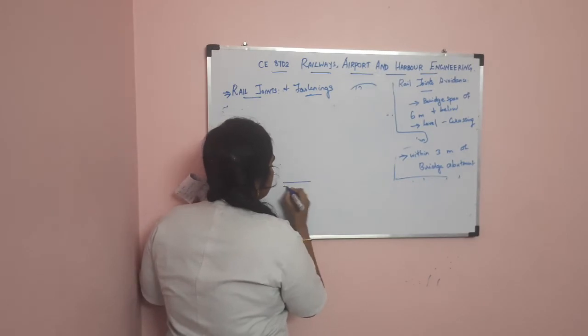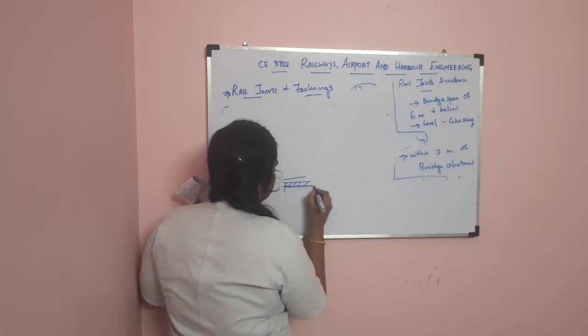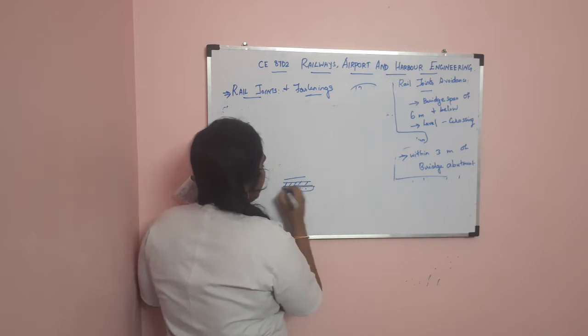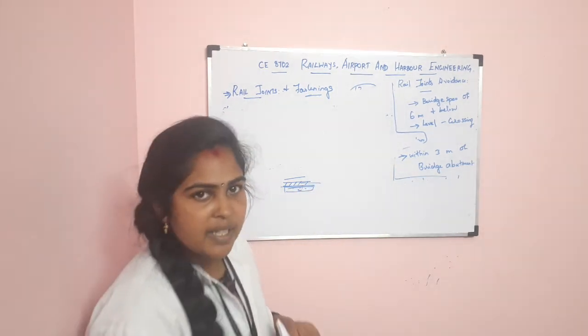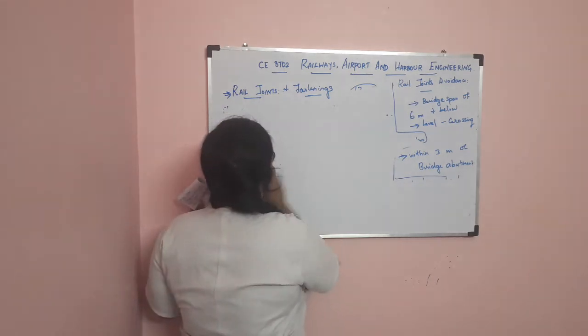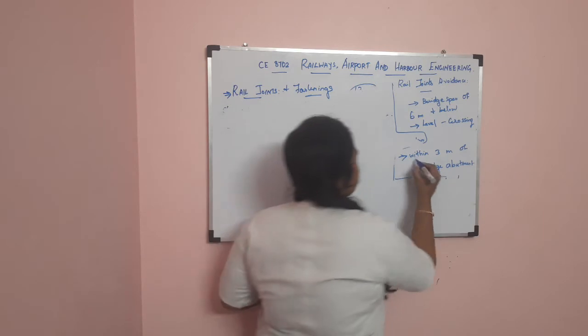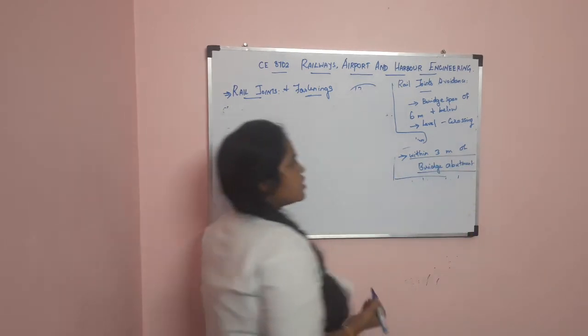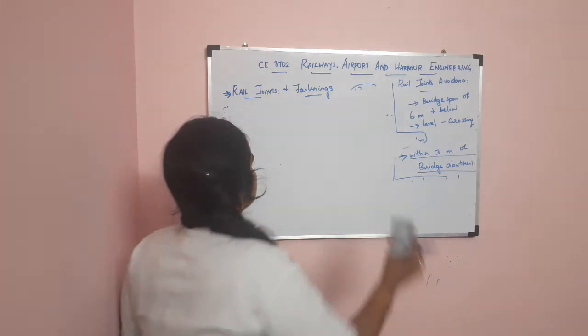The road and the railway track are moving in the same place, that is said to be a level crossing. In that area also we should avoid joints, and within 3 meter of the bridge abutment also we should avoid joints. So this is about joints.